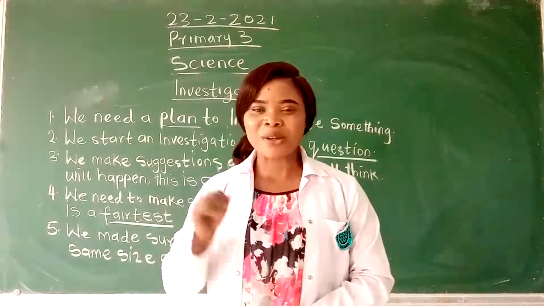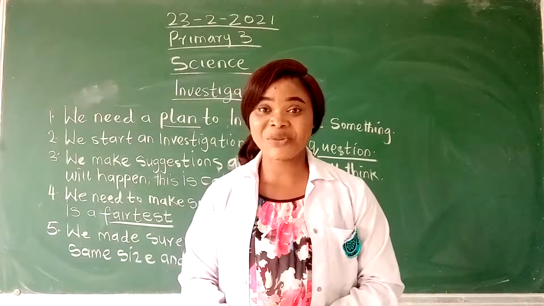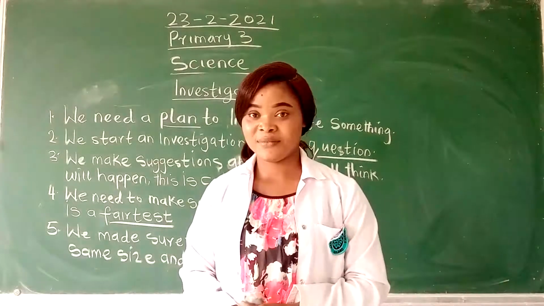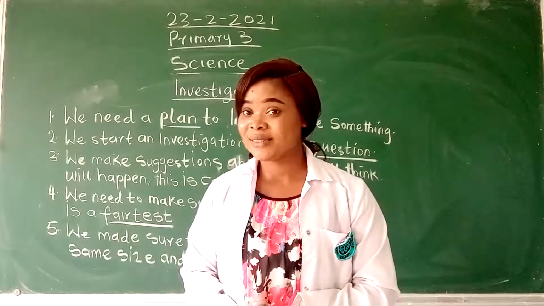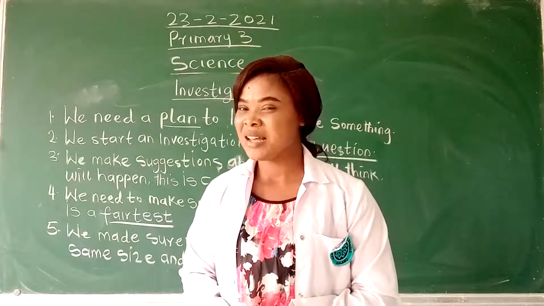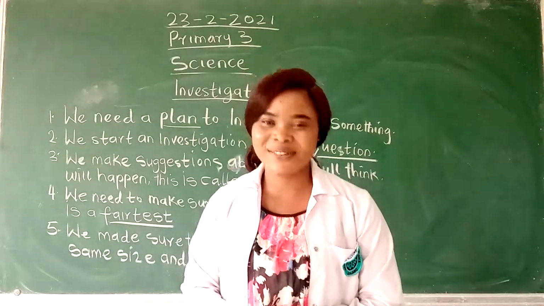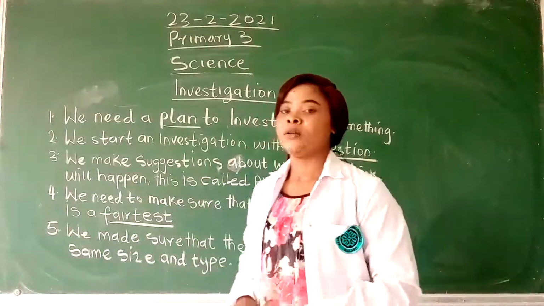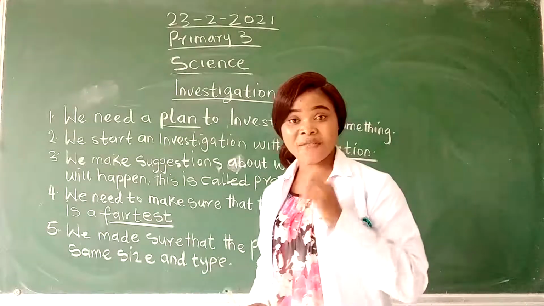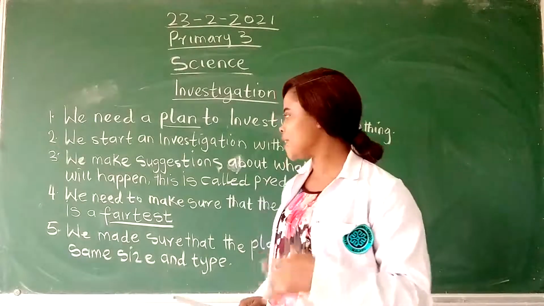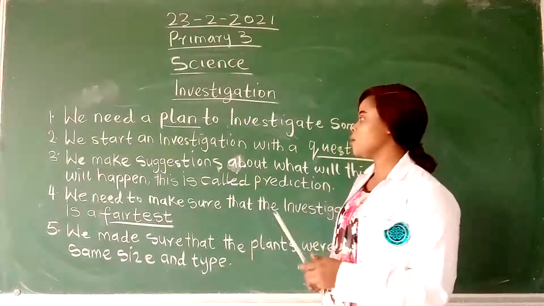So, over to you. Ruslan, what is our investigation question? What do plants need to grow? Awesome. So you need to have an investigation question. You start your investigation with a question.